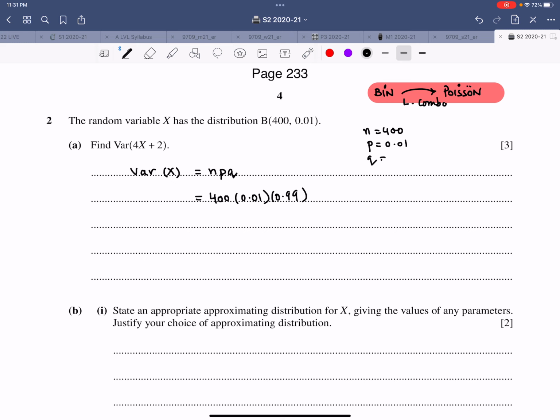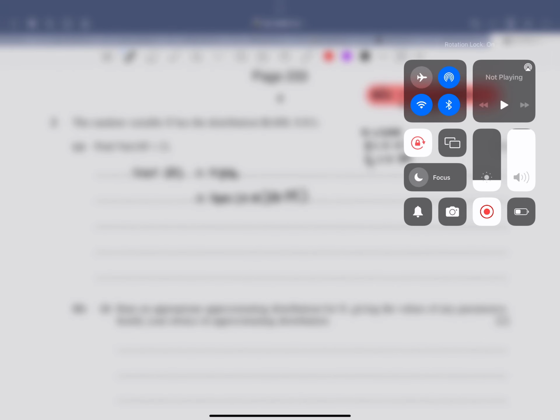So when I multiply it, what do I get? After multiplication, this comes out to be 3.96.